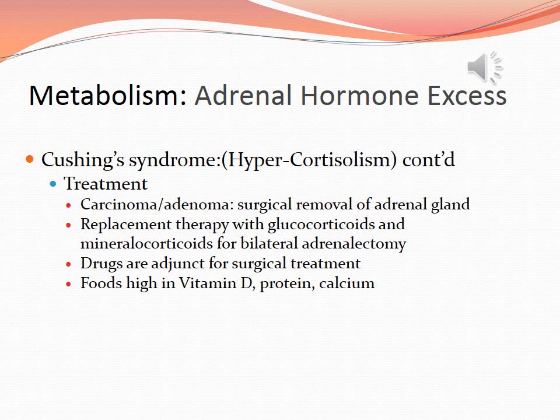Foods high in protein, calcium, and vitamin D are recommended to minimize muscle wasting and osteoporosis. Decreasing risk of infection is a nursing intervention, meaning the patient should avoid unnecessary exposure to others with infections. Prepare the patient for surgery if the patient is going for an adrenalectomy, and for the postoperative course.